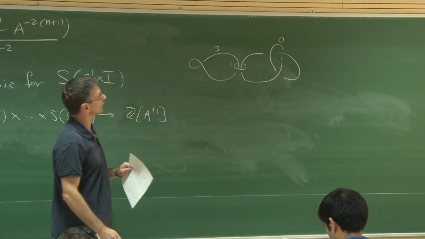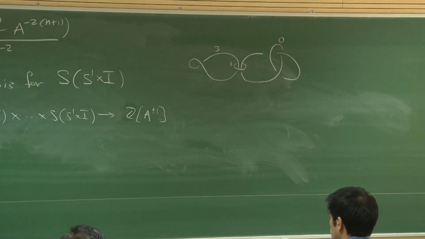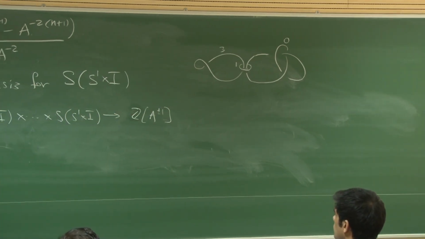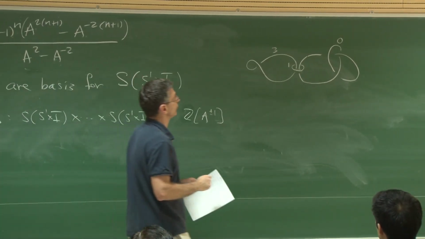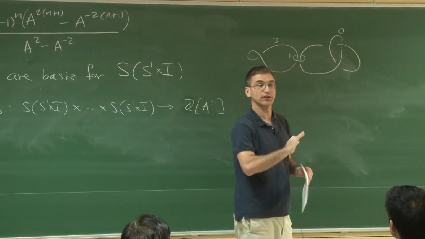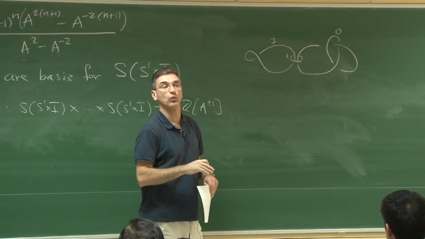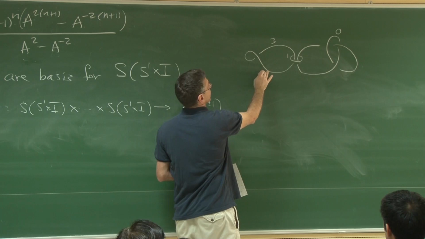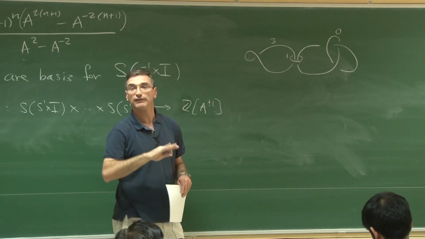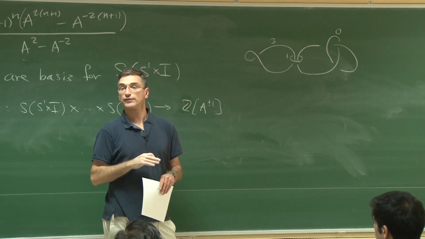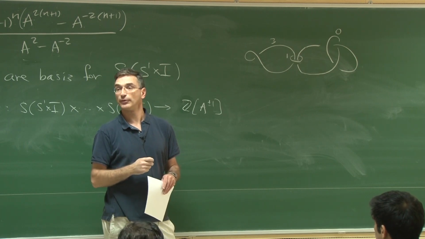So here's a link, and here's a framing. You can think of it as a push-off. I want to push off a longitude from this component with linking number 0, from this one with linking number 1, and from this one with linking number 3. You can really think of them exactly as push-offs with a given linking number.